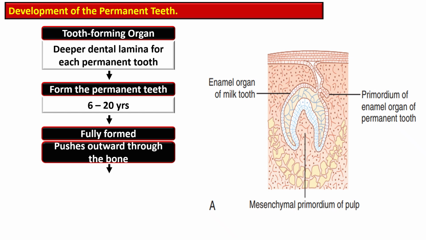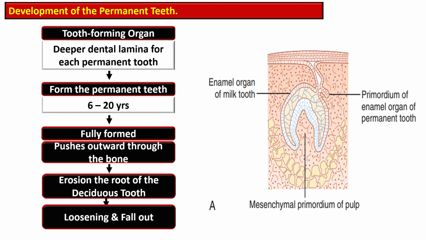As it moves upward into the oral cavity, it erodes the root of the corresponding deciduous milk tooth, causing the deciduous tooth to loosen and fall out. The permanent tooth then erupts and replaces it in the dental arch.